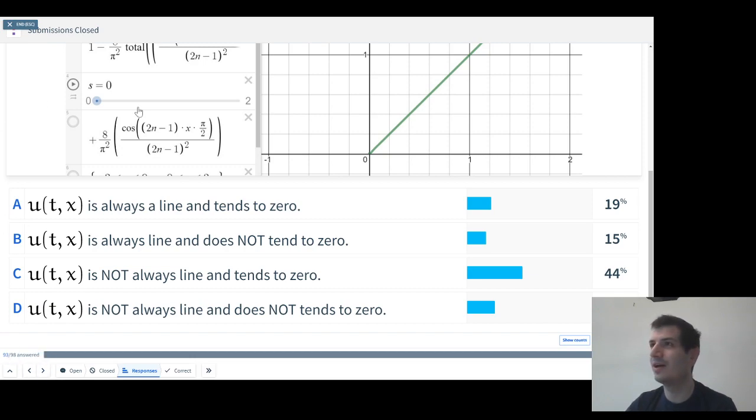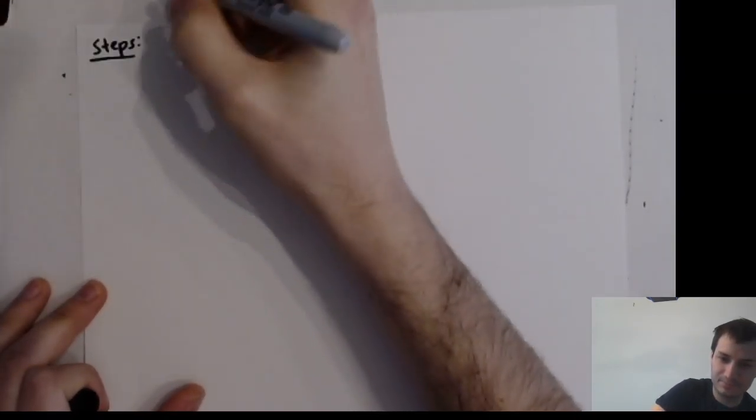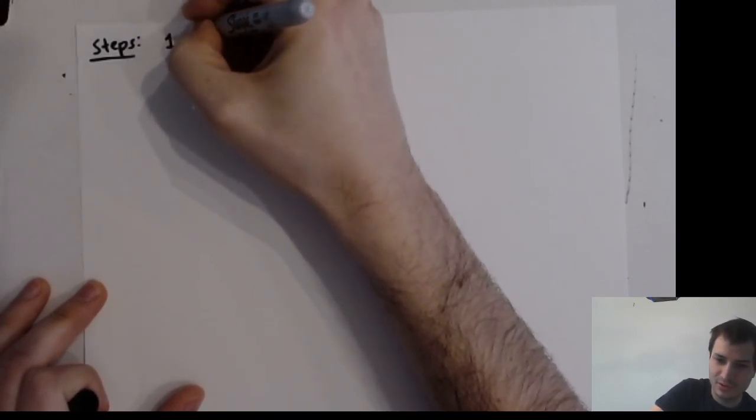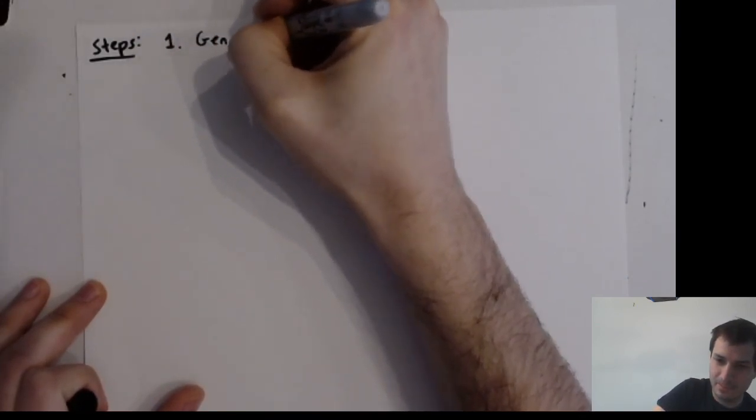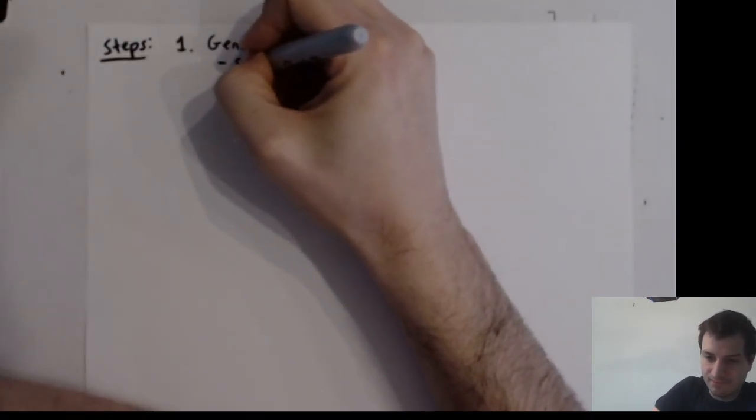So what we're going to do is we'll do the math, we'll get a formula, and then we'll try to interpret the formula and see if we can figure out these things. Okay, so we're just going to go through the steps from the first little bit on this equation. So from the first top hat question, what do you do? The steps are: general solution, and that's by separation of variables.